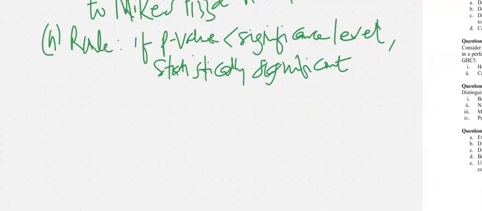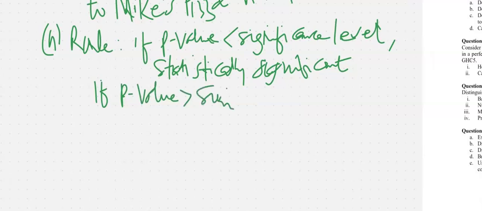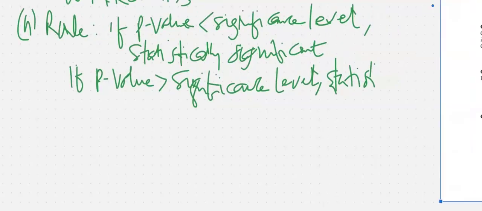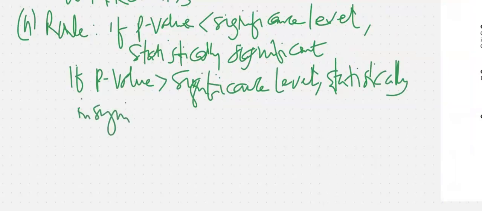Then the second rule is if p-value is more than significance level, we say what? Statistically insignificant.